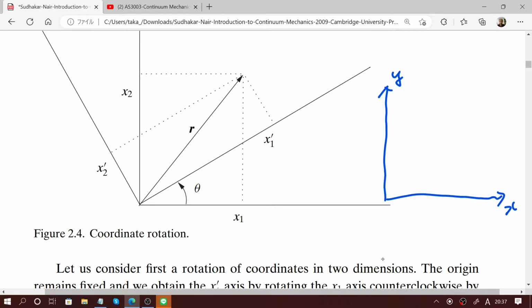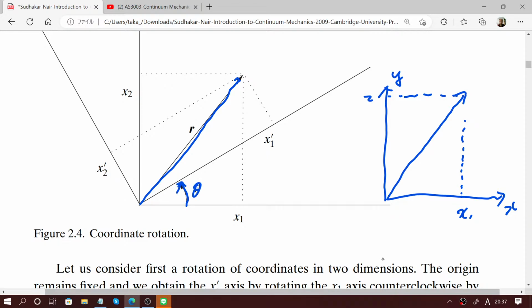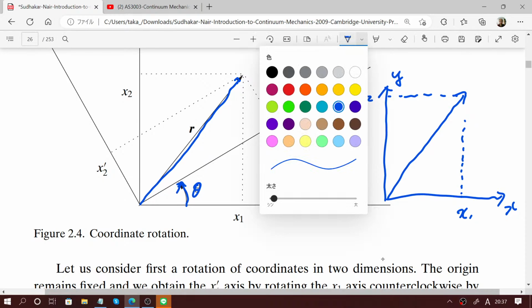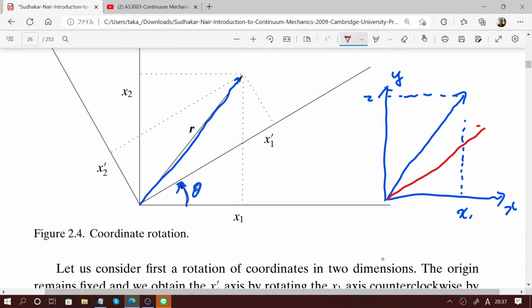Originally you have this one, so this is x1 and this is x2. Then this theta rotation means this way.